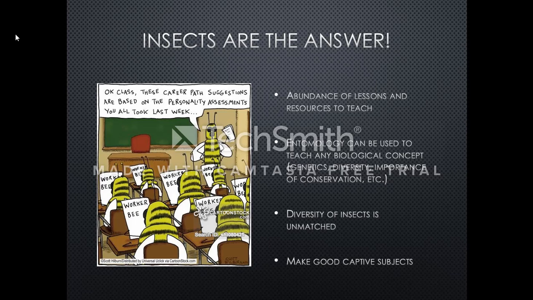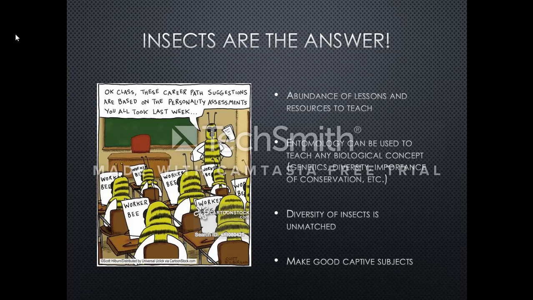Diversity, insects of course have huge diversity across the world. The importance of conservation, we see a lot in the news right now regarding monarch butterflies, as well as the plight of the honeybee and other bees here in North America, such as bumblebees, the rusty-patched bumblebee, that are on the endangered species list. And again, the diversity of insects is unmatched, and we'll look at that closely in just a moment.